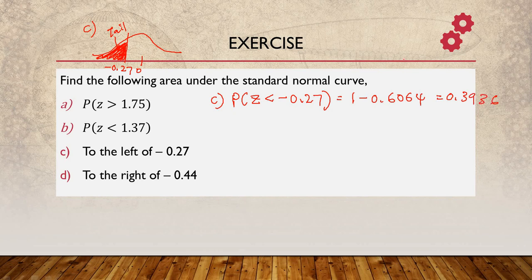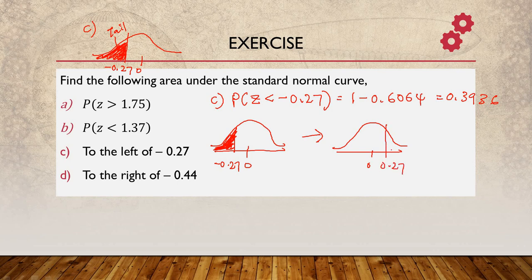Okay, so why do I take 1 minus? Our table is a positive table. This is 0, negative 0.27. We want this part, right? Because our table is only positive, if I redraw, 0.27, we will have this part, the tail part.